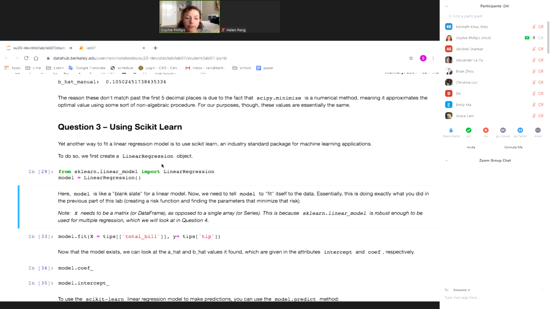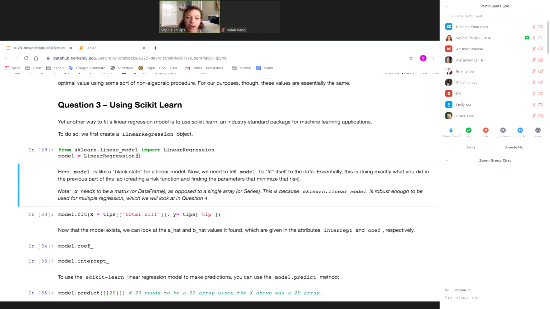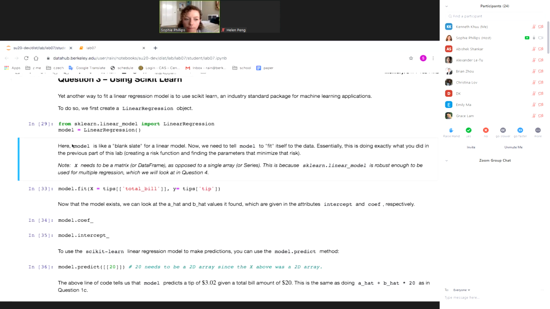Then we initialize this model using this syntax, LinearRegression, parentheses. And here model is now a blank slate. It knows that it needs to fit a linear model. You just need to tell it which data to fit to.